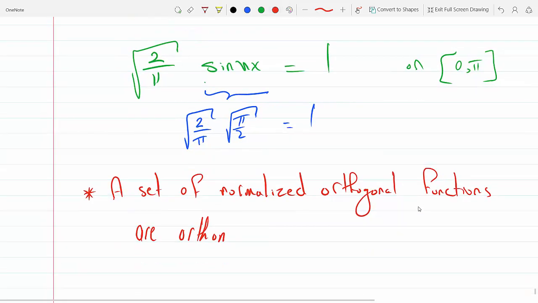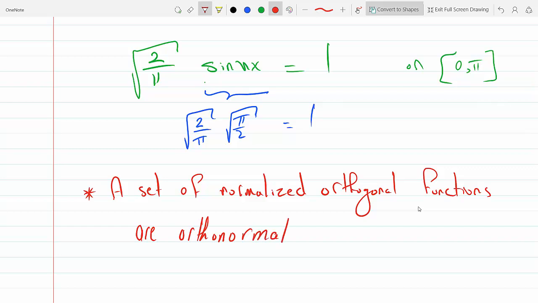They have to be orthogonal and they have to be normalized. That's what orthonormal means. Orthonormal. Okay. This here is an essential feature of these functions.